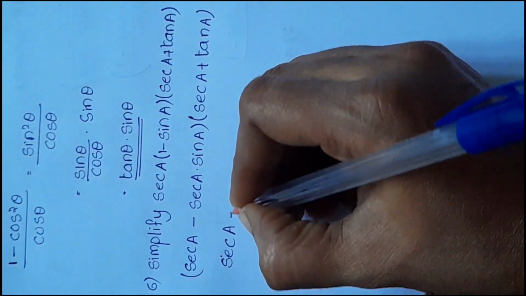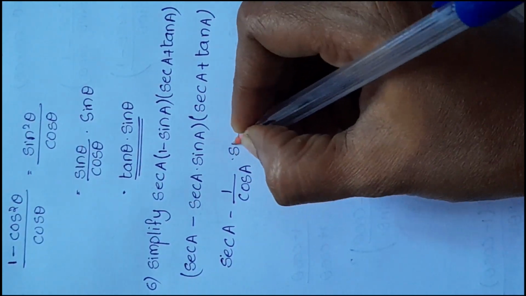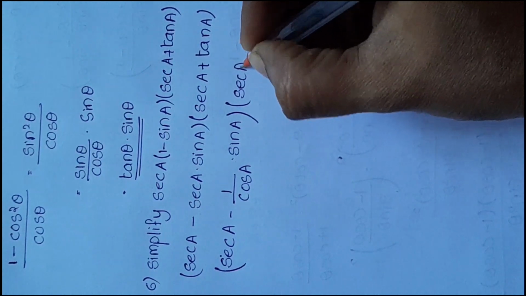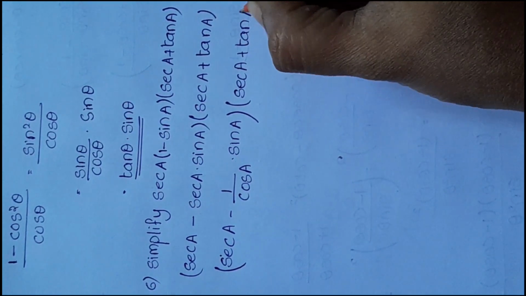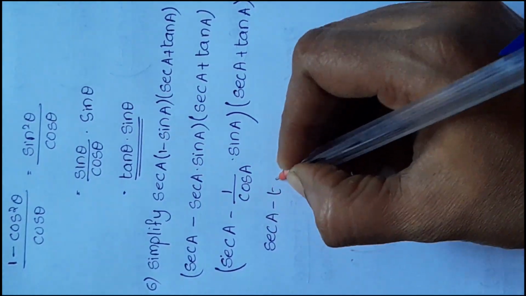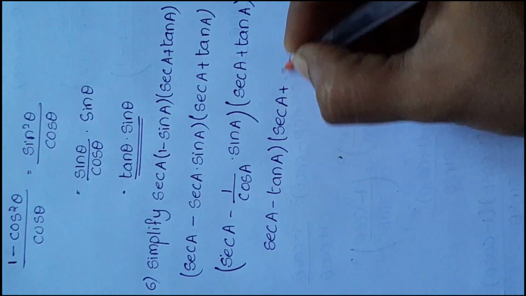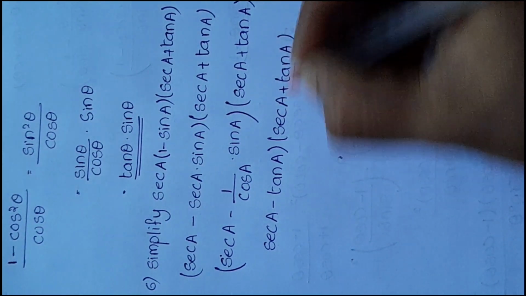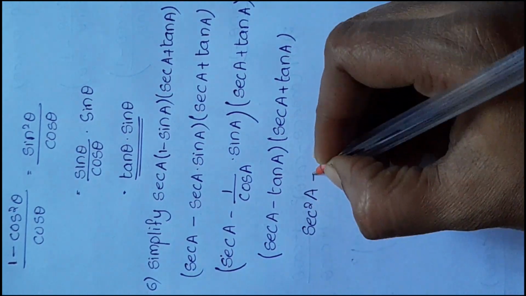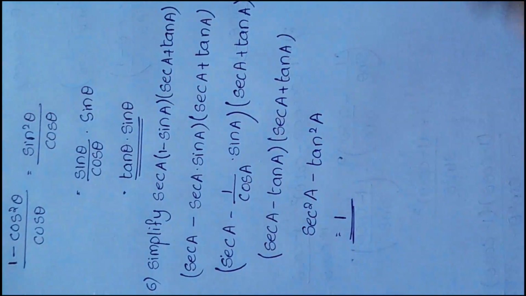So secant A minus sin A by cos A, into secant A plus tan A. Here sin by cos becomes tan. So secant A minus tan A into secant A plus tan A. A plus B into A minus B becomes secant square A minus tan square A. This is the identity. So the answer is 1.